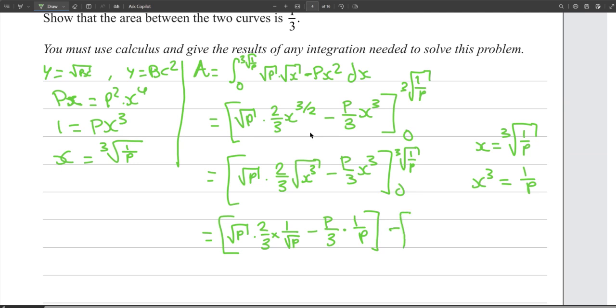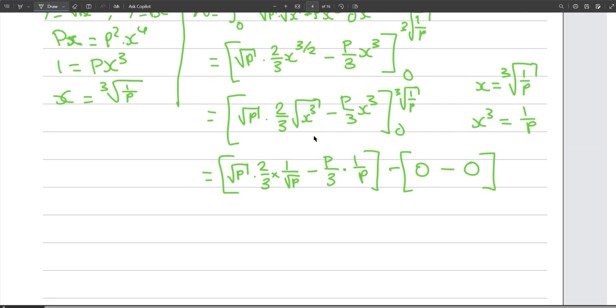And then if we sub in 0, this term will become 0, and we get 0 minus 0. Then doing the simplifications, the root p's will cancel out and the p's will cancel out. So we just get 2 on 3 minus 1 on 3, which is equal to 1/3.